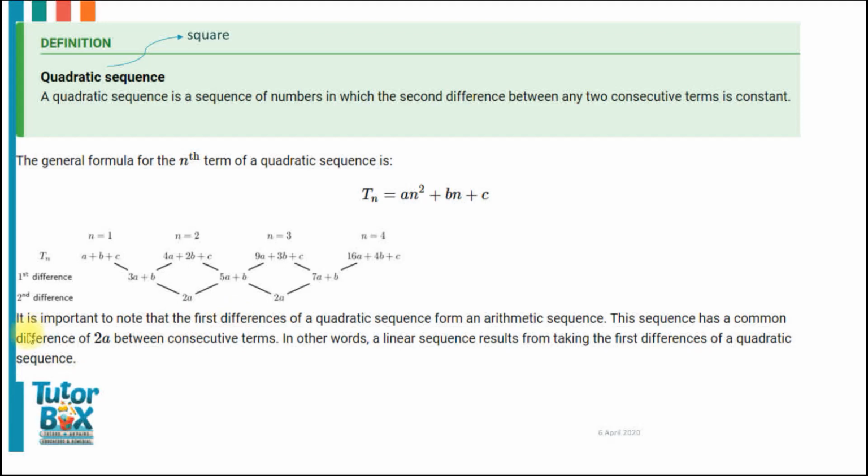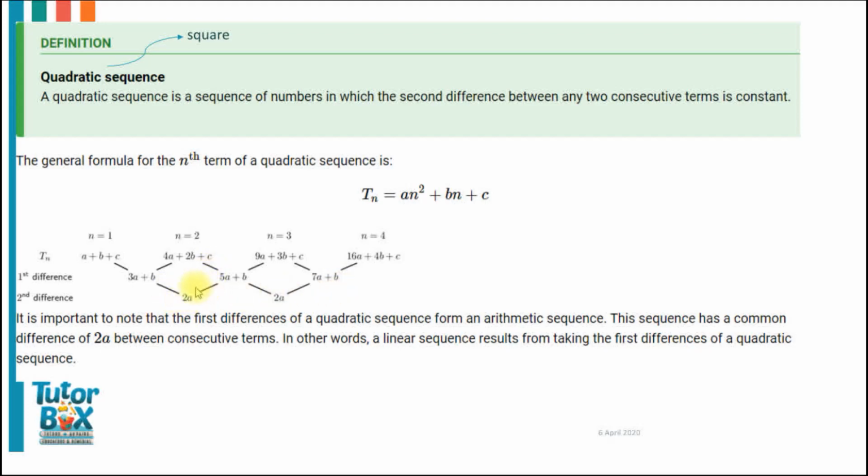I wrote that it is important to note that the first differences of a quadratic sequence form an arithmetic sequence. This sequence has a common difference of 2a between consecutive terms. What this is saying is that the first differences of the quadratic sequence, this number, that number, and that number, will form an arithmetic sequence.